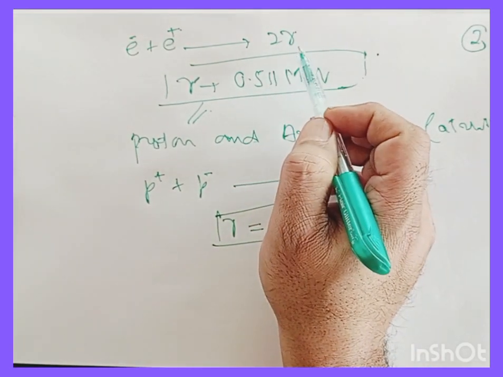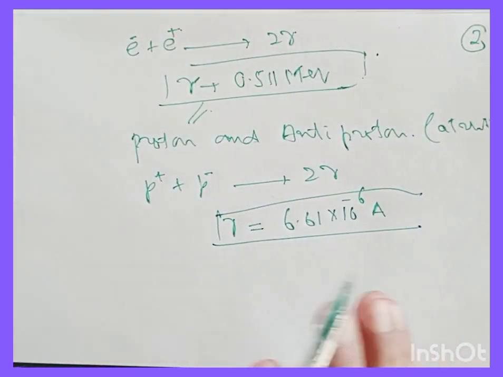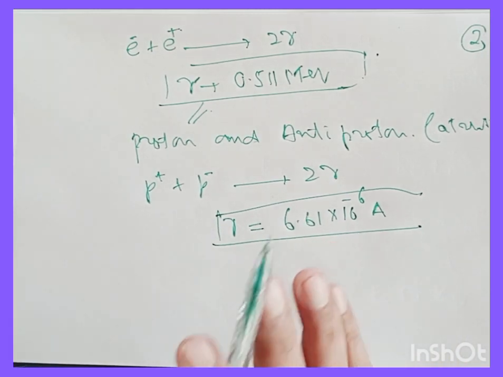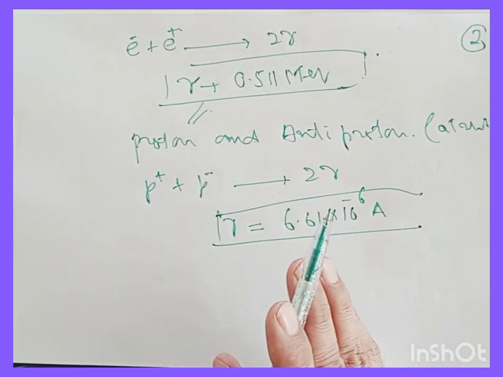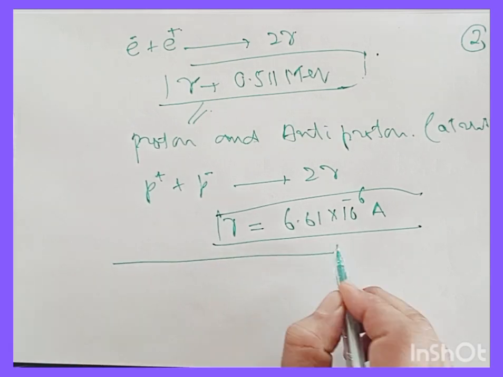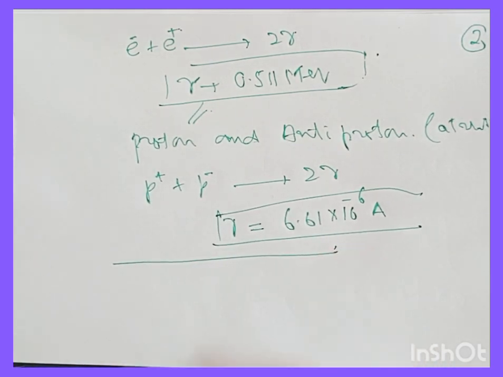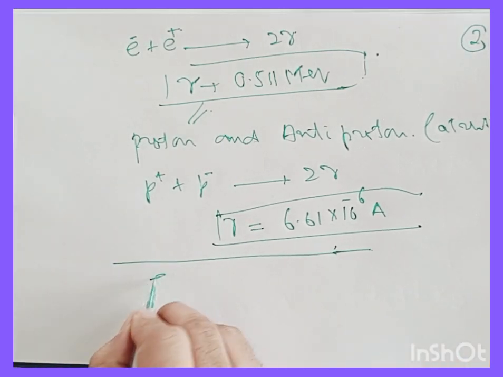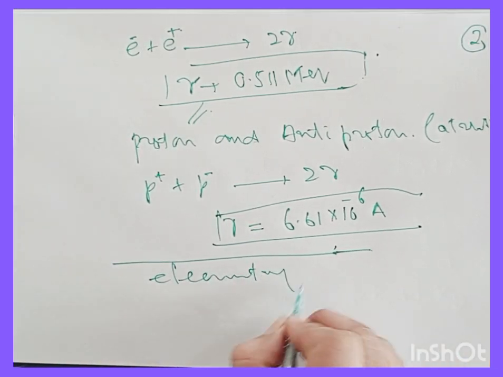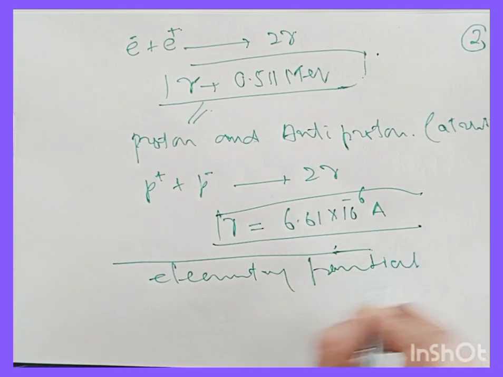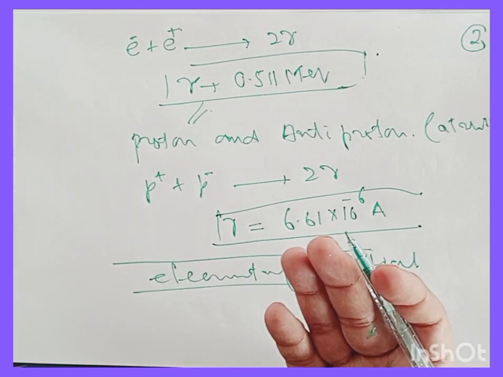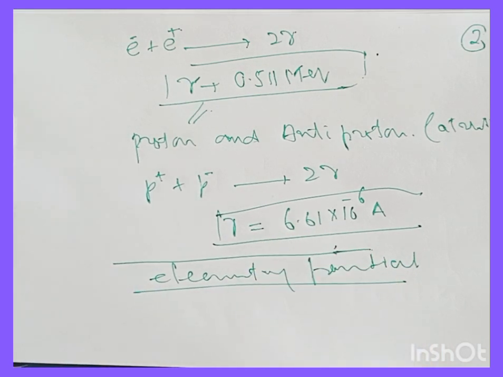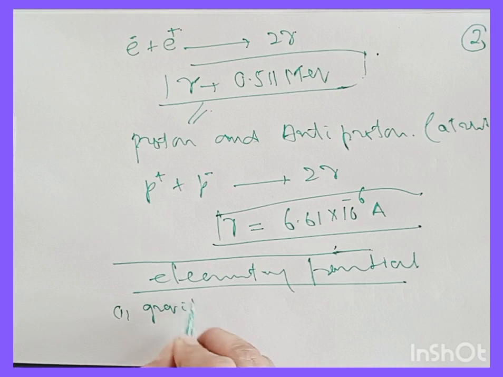In view of conservation of linear momentum, there happen to be elementary particles which act as their own antiparticles. The very first one is the graviton: graviton is the particle and antiparticle of itself.